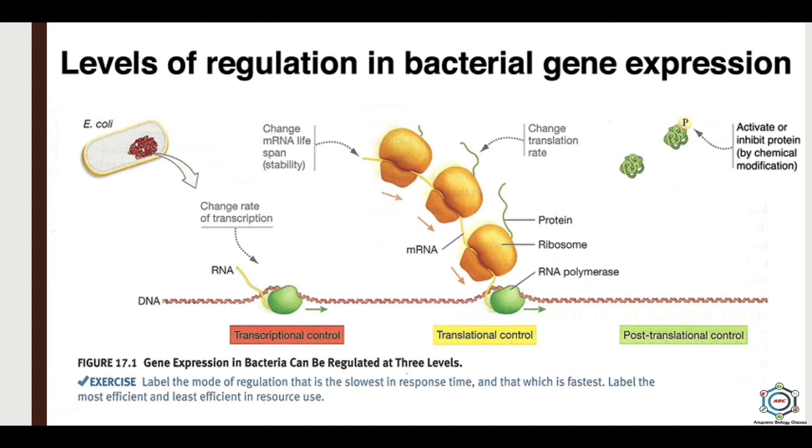So this is all about the levels of regulation in bacterial gene expression. It means you can regulate gene expression when the DNA forms the RNA, when the RNA forms the protein, and after protein formation, in the process of modification.